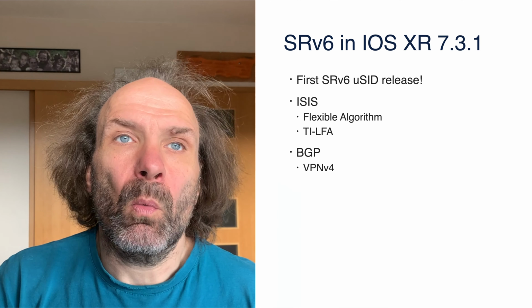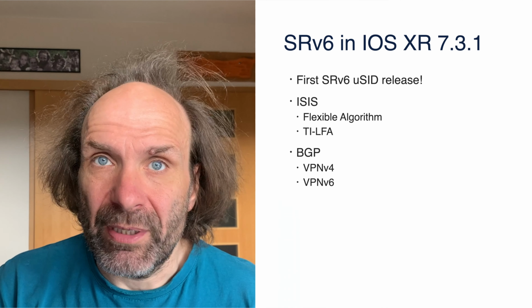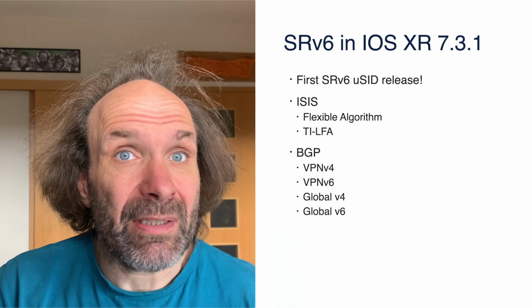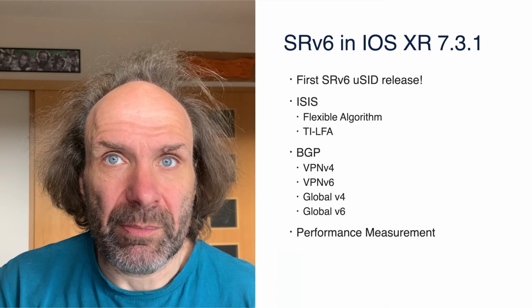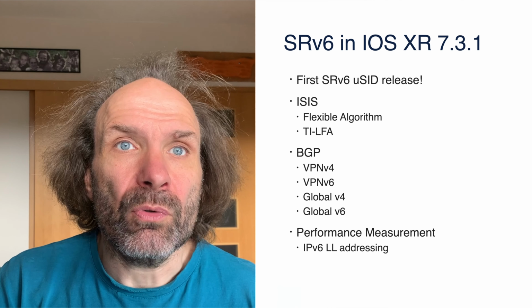The first one was VPN v4 using IGP metric, and the second one was VPN v6 using latency metric. The latency metric is dynamically measured by performance measurement on all interfaces in the network and used in a flexible algorithm. These features we can use not just for VPNs, but also for the global routing table.